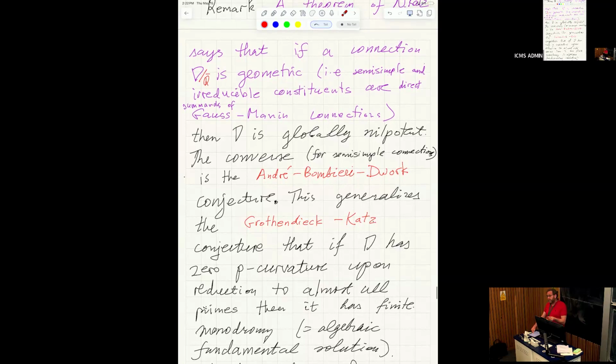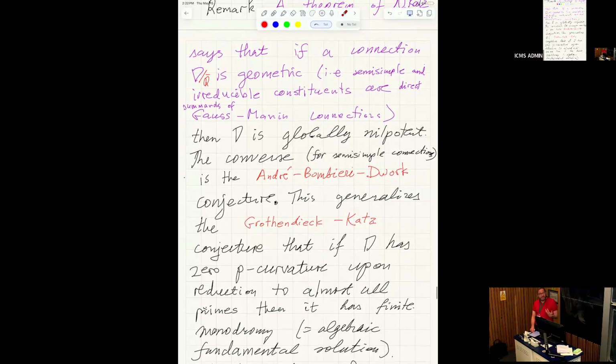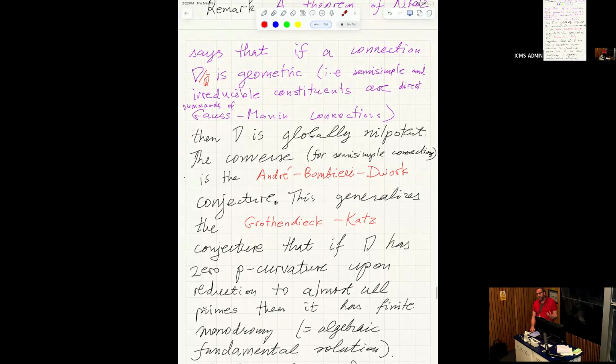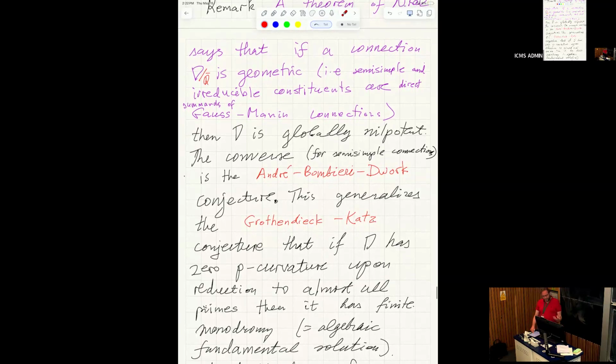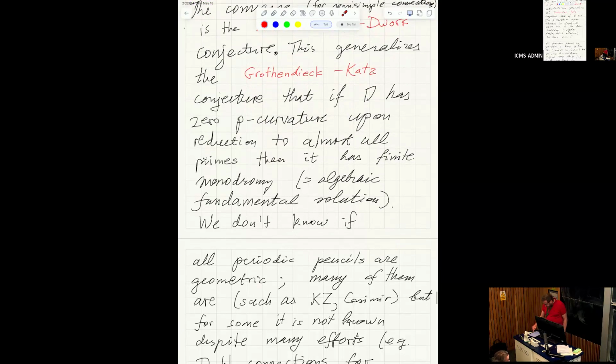Only finitely many primes will go into the denominator of the power series. However, the Grothendieck-Katz conjecture says that the converse is true. If your differential equation has vanishing p-curvature for almost all p, then it has a basis of algebraic solutions. That's very far from being proved, but it's a famous conjecture in arithmetic algebraic geometry.